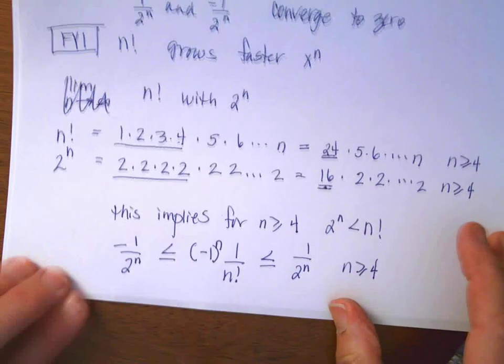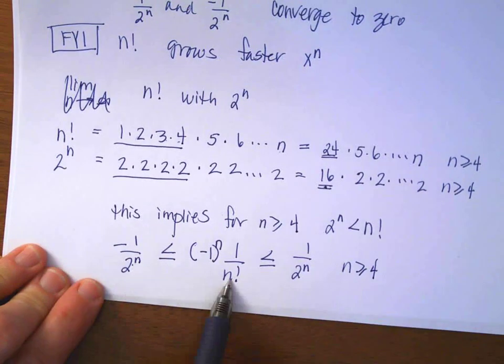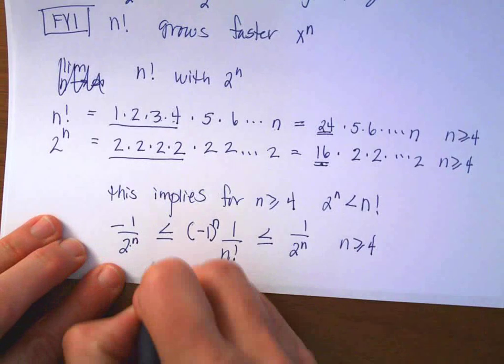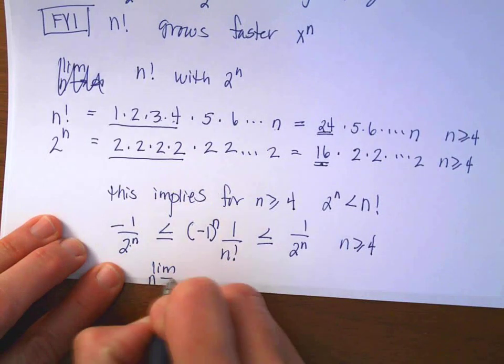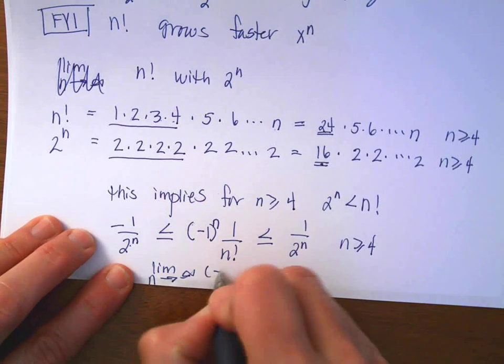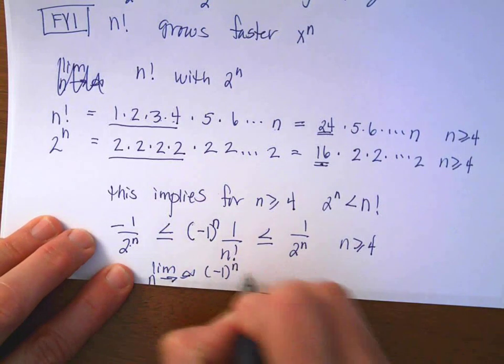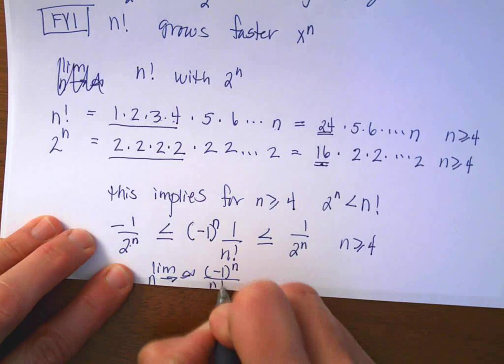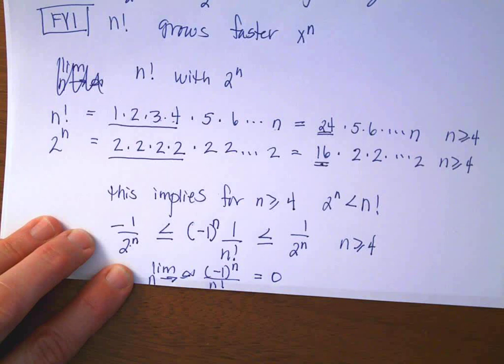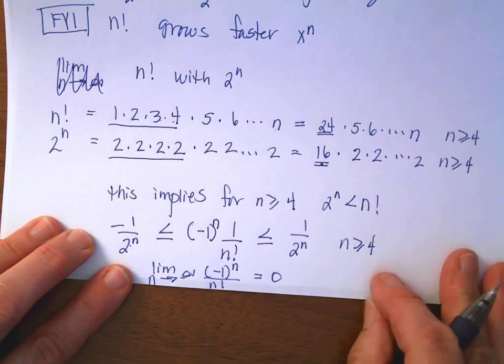And since that is true for n is greater than or equal to 4, and since these two converge to 0, then we know that the limit as n approaches infinity of negative 1 to the n over n factorial is going to converge to 0.